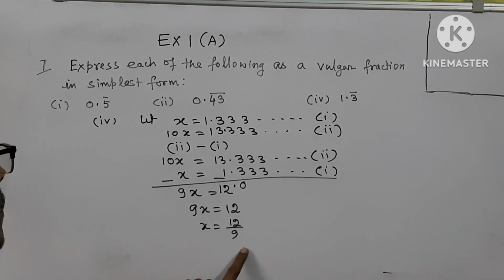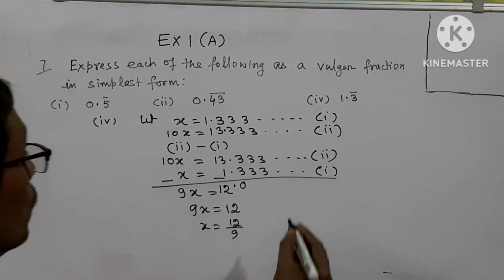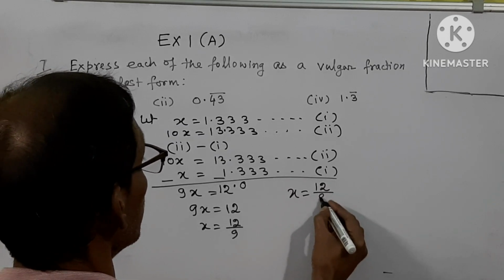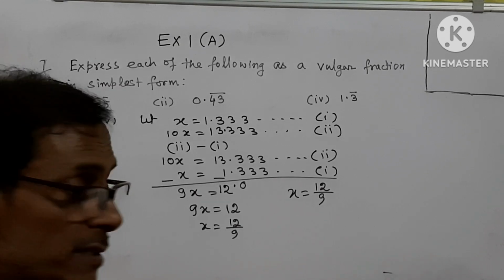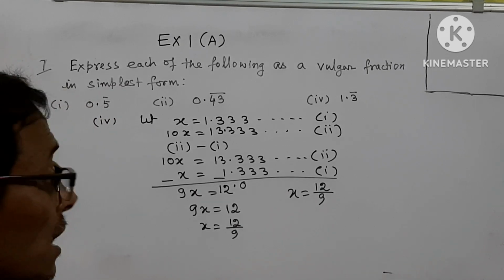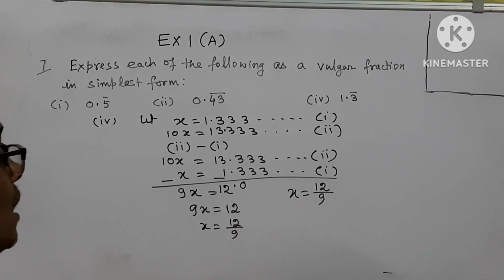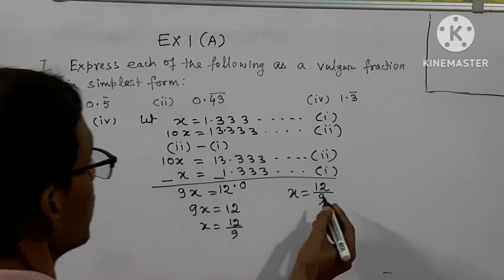12 by 9 is not in the simplest form. Many children will write x equal to 12 by 9 and will think that they have done the sum correctly, but here common factors are there. 3 4s are 12 and 3 3s are 9.